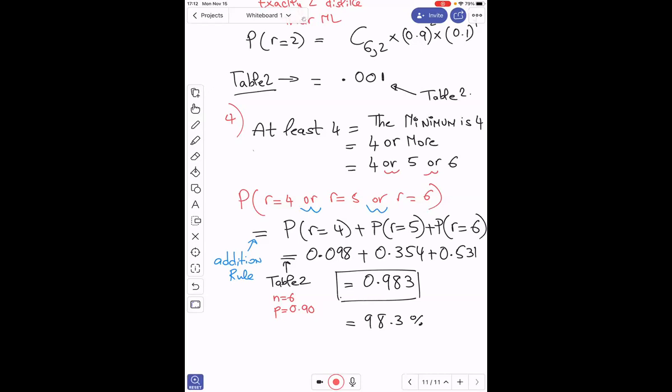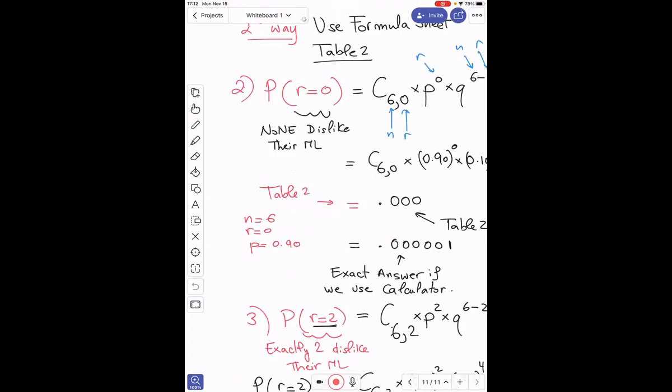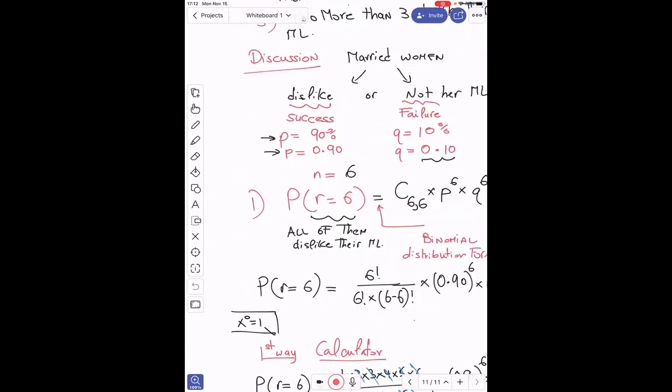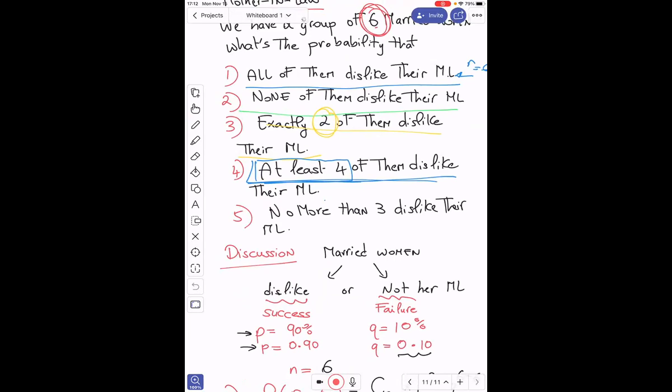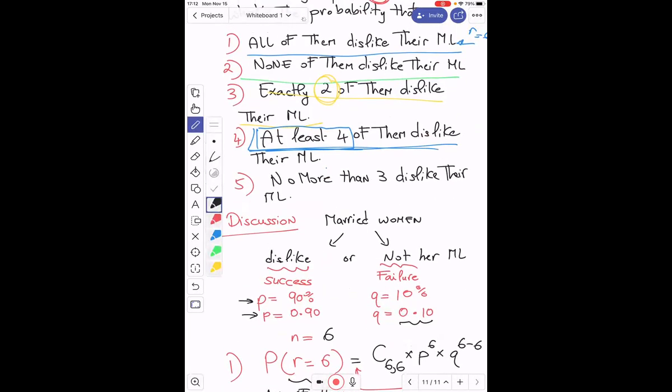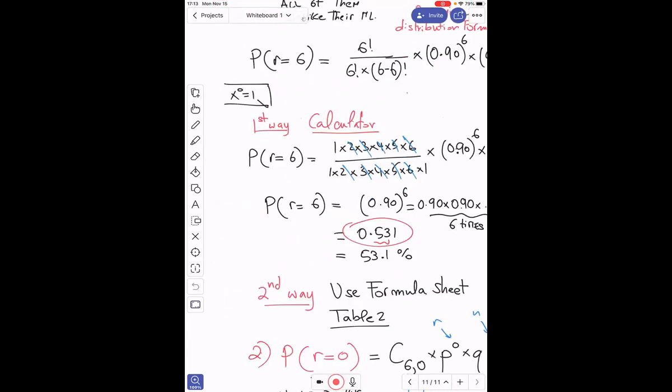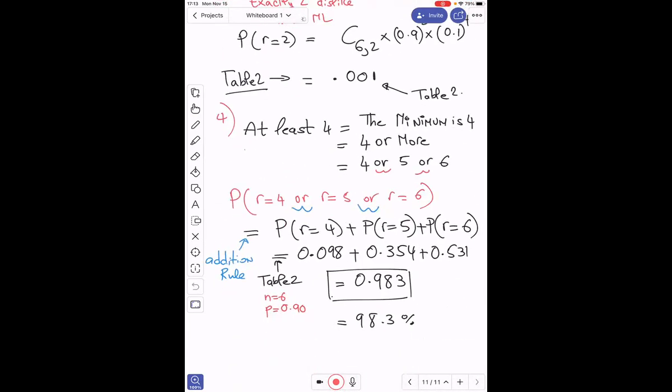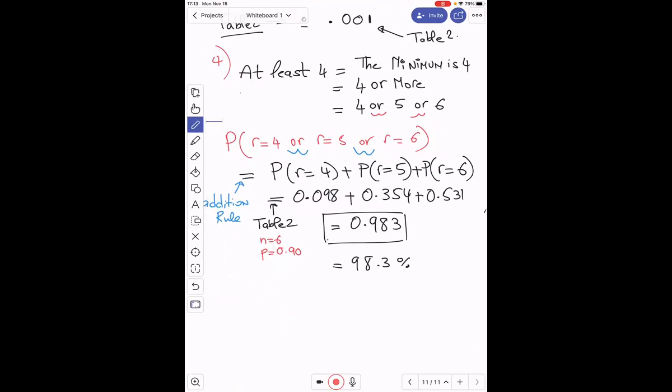Number 4, let's finish in the last minutes. The next one, number 5: no more than 3 dislike their mother-in-law. When I say no more than 3, it means the maximum is 3.